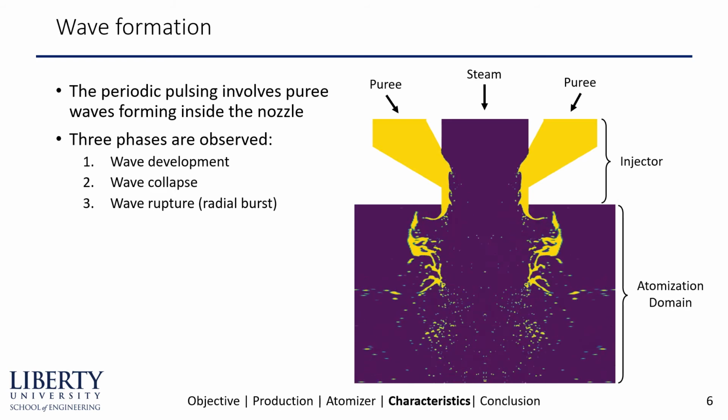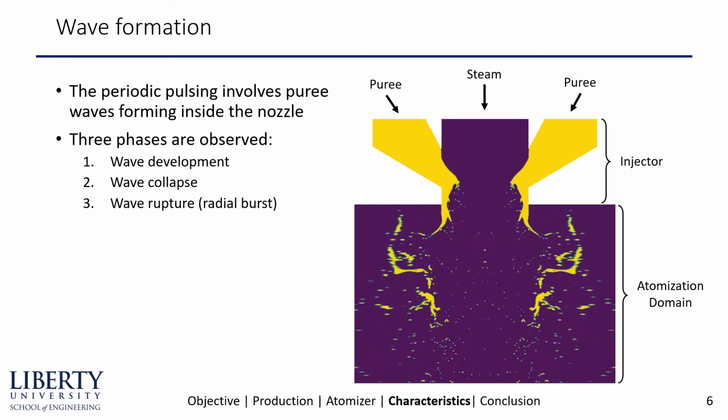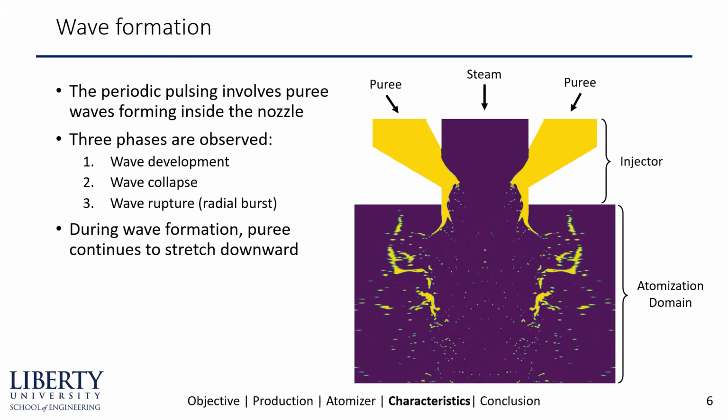Three general phases are observed with this. First, wave development, then wave collapse, and finally wave rupture or a radial burst. During wave formation, puree continues to stretch downward away from the nozzle until the wave inertia leads to the rupture or the radial bursting.